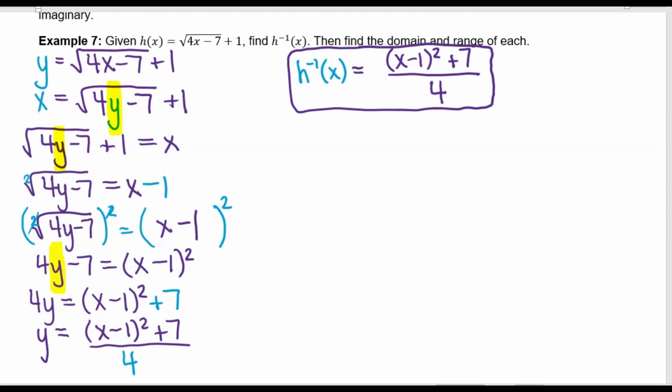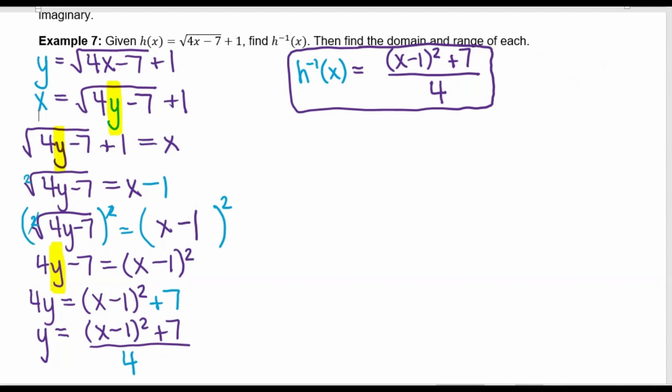If you wanted to, you could. You would get x squared minus 2x plus 8 all over 4. But again, you don't need to do that step. We're just fine with you taking x minus 1 squared plus 7 all over 4.